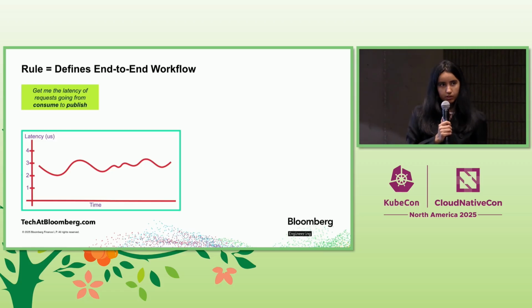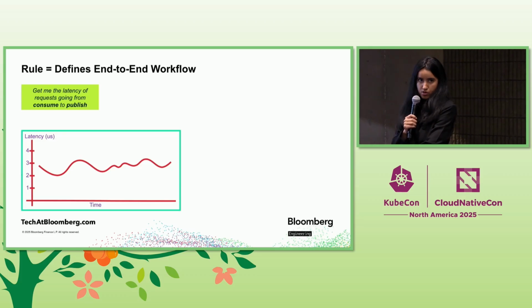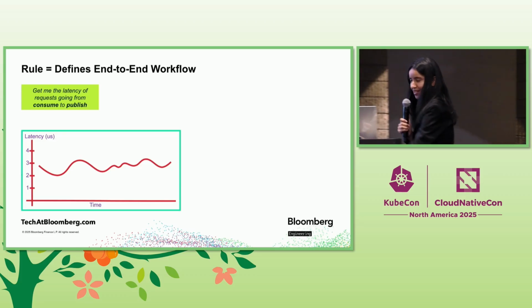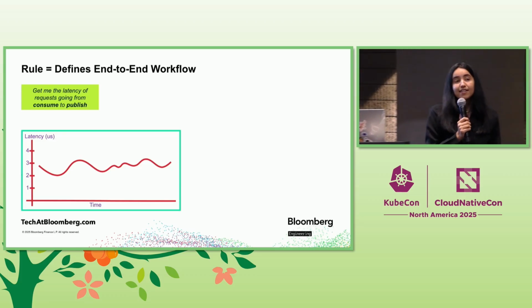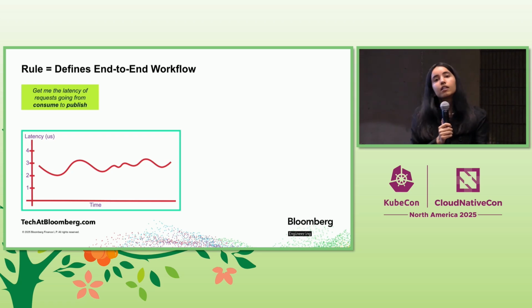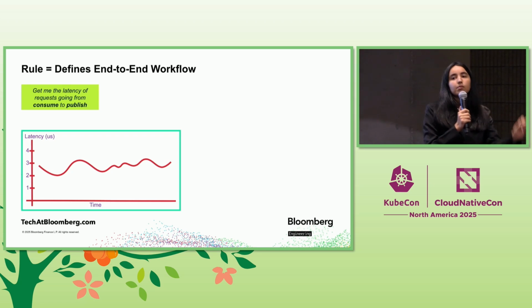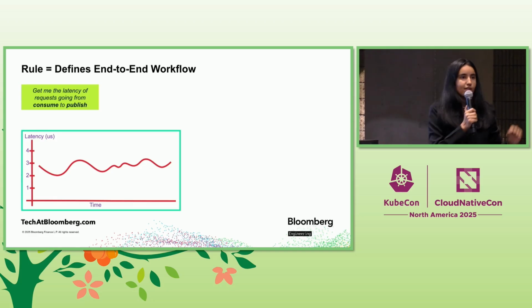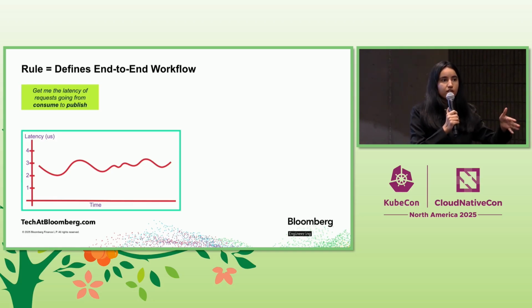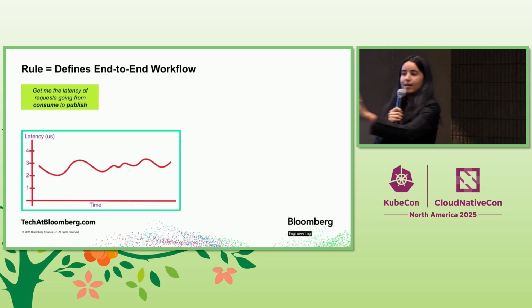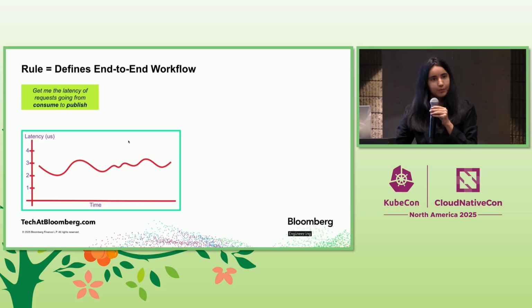For example, we looked at that equity order execution management system. Oh, mouthful. The team handling that can come to us and say, hey, get me the latency of requests going from consume to publish, so that I can then view those metrics in a nice time series on my dashboard, as you see right here.